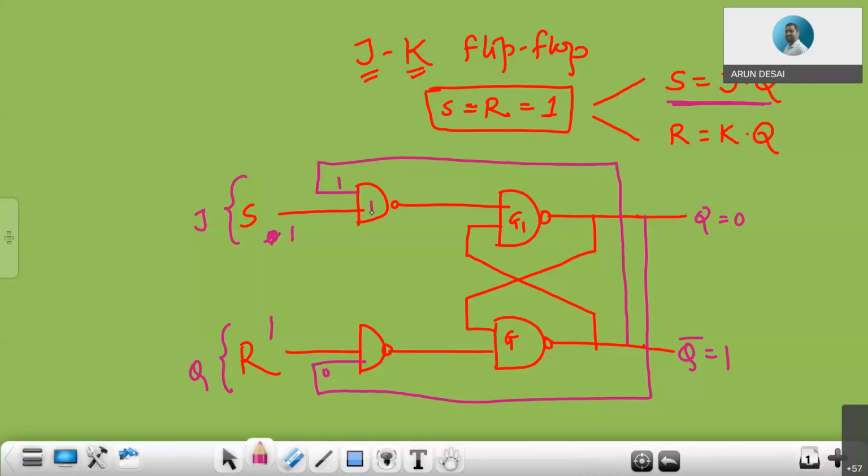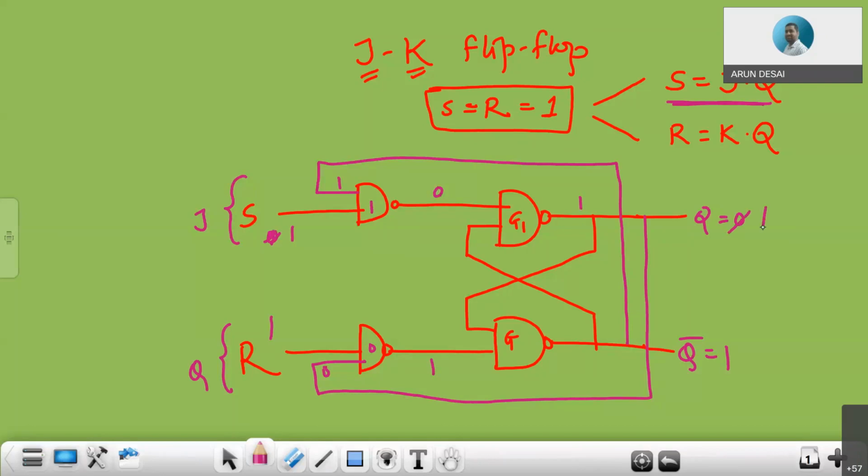If it is 1 and Q is 0, then that becomes 0, right? So it is converted to 0, it is converted to 1. If it is 0, then here it is 1. That means 0 goes to 1.